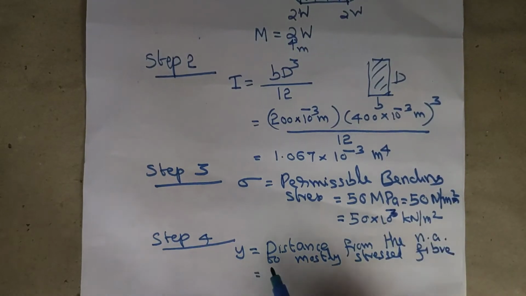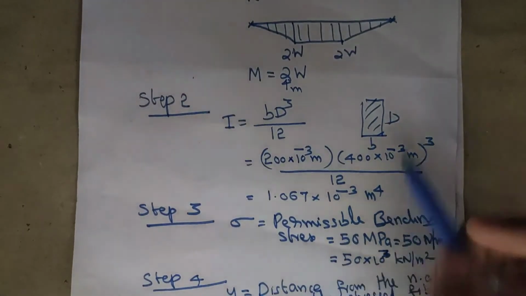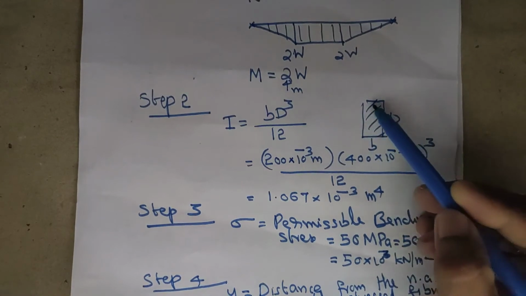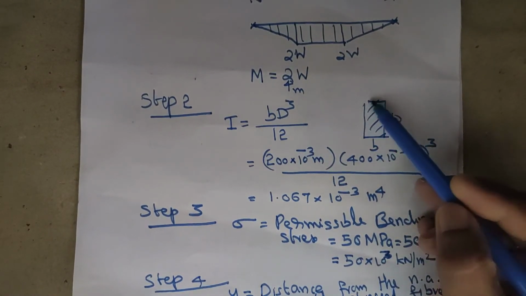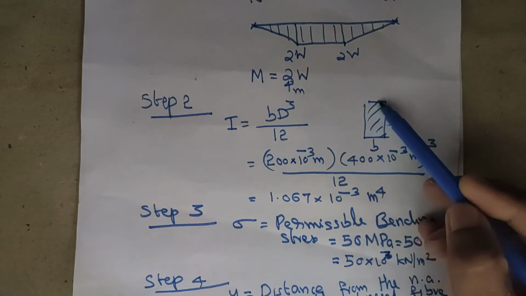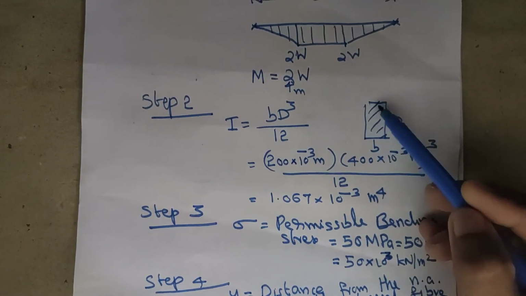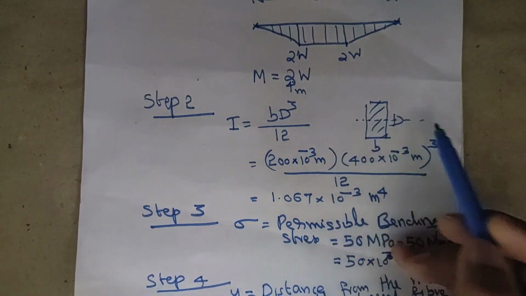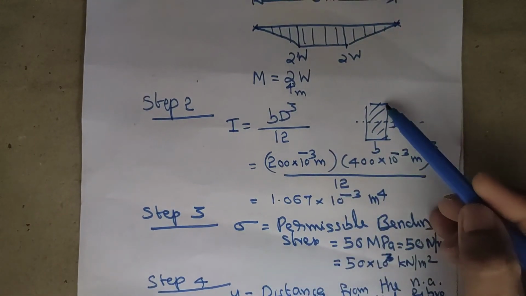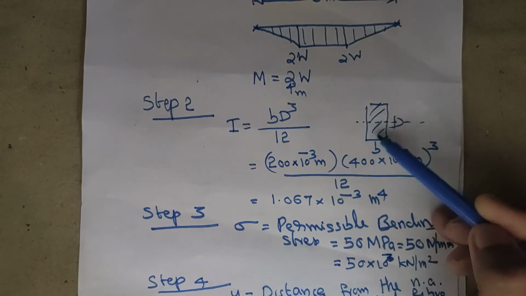This value will be, you look at the sketch, this is the cross section of the beam. So the extreme stress fiber will be half the depth. This is the neutral axis, so the distance of the fiber from the neutral axis will be half the depth.